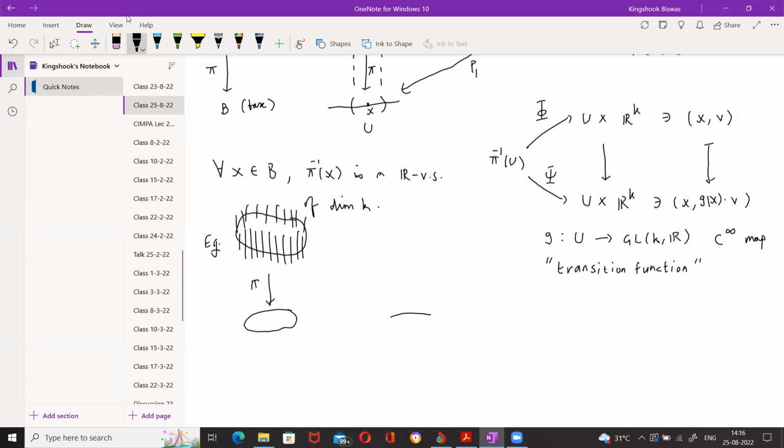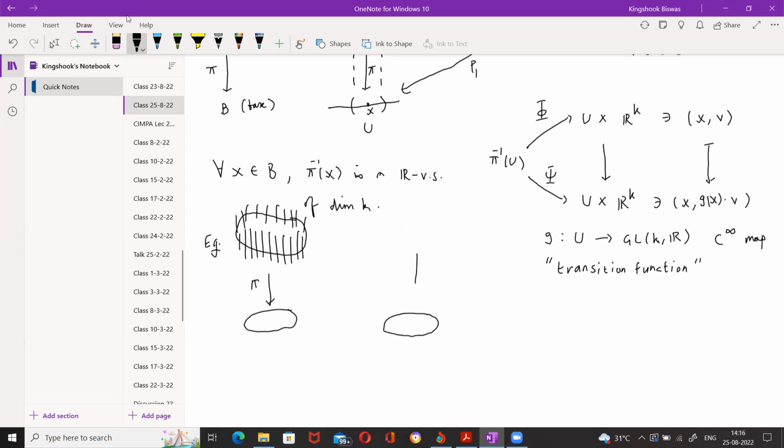And can you think of another possible vector bundle over the circle, which is non-trivial? So you move around this circle and just rotate the arrow. So what is that called? The Mobius bundle. It's the Mobius strip.